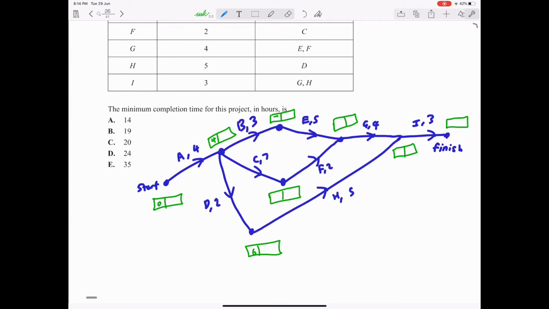So 4 plus 3 is 7, 4 plus 7 is 11, 4 plus 2 is 6, which I've done, 6 plus 5 is 11, 11 plus 2 is 13, 7 plus 5 is 12, pick the biggest number, 13. 13 plus 4 is 17, largest number is 17, 17 plus 3 is 20, so therefore the minimum completion time of the project is 20, therefore C is the correct answer.